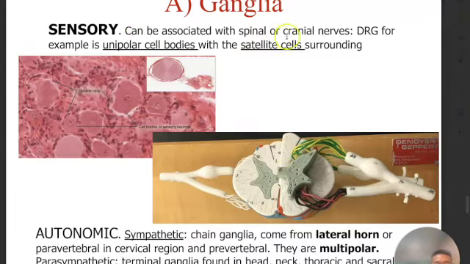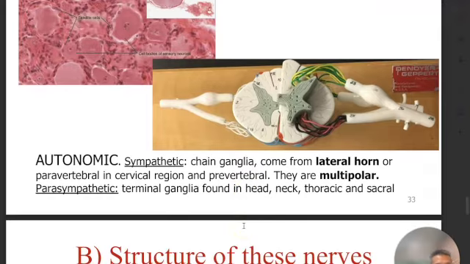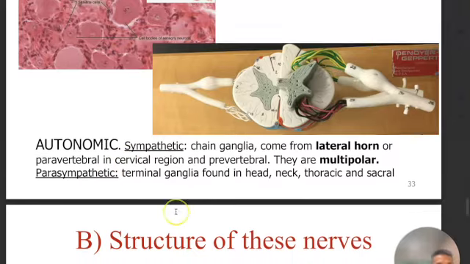Ganglia. Sensory can be associated with the spinal and cranial nerves. Dorsal root ganglia, for example, are unipolar cell bodies with satellite cells surrounding them. The autonomic system comes from the lateral horn. They are multipolar. For example, the sympathetic and parasympathetic systems, those are all autonomic.